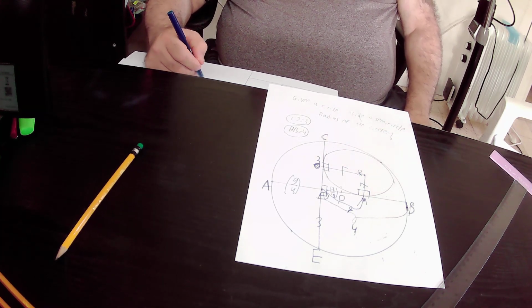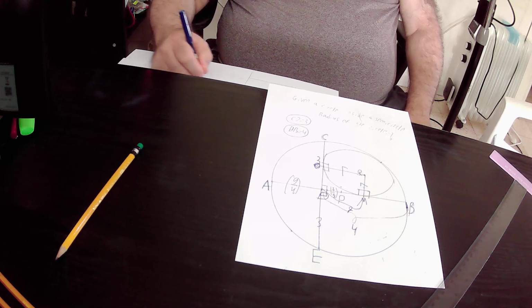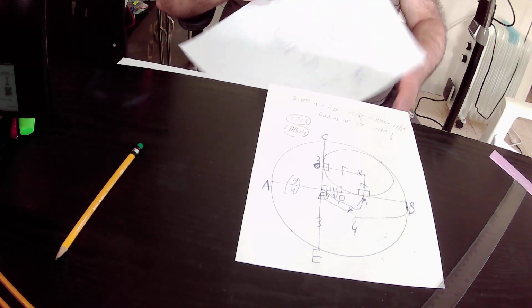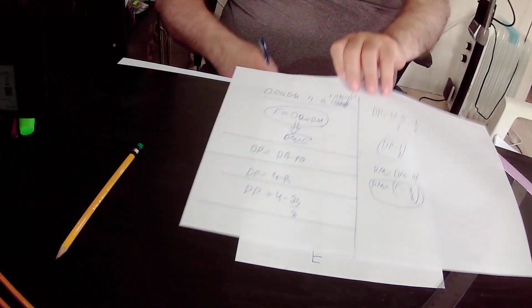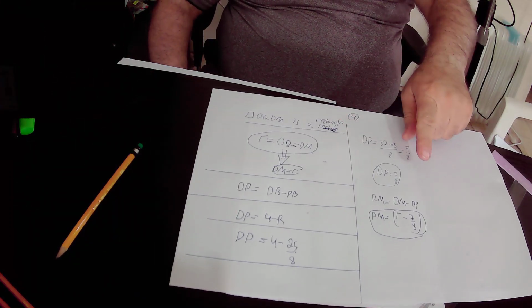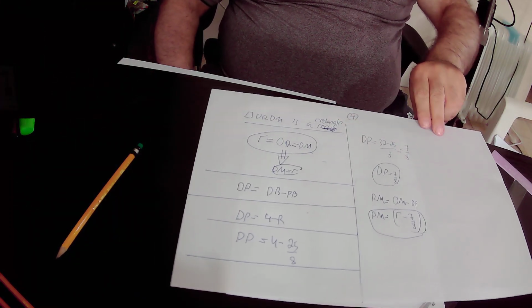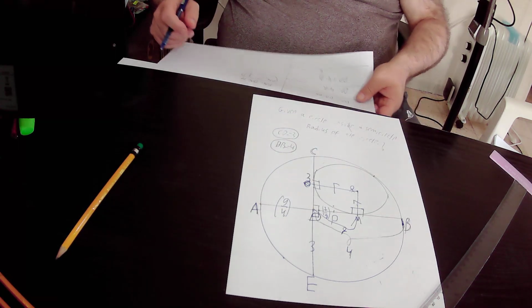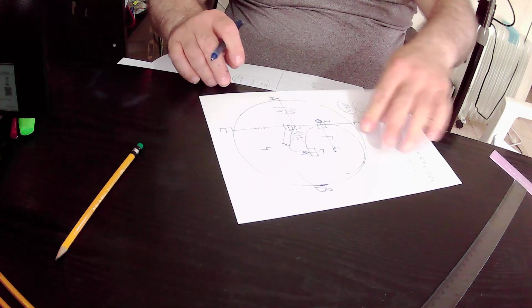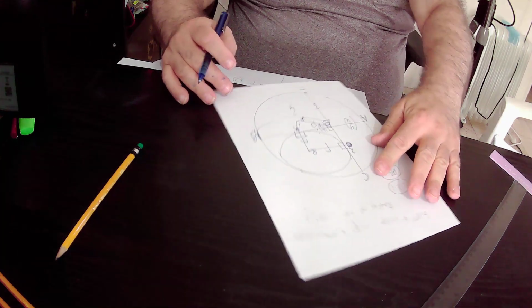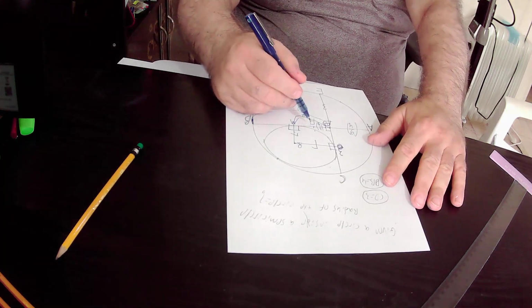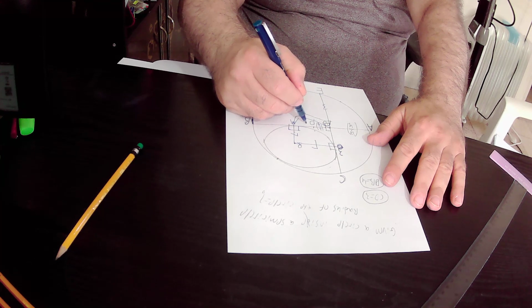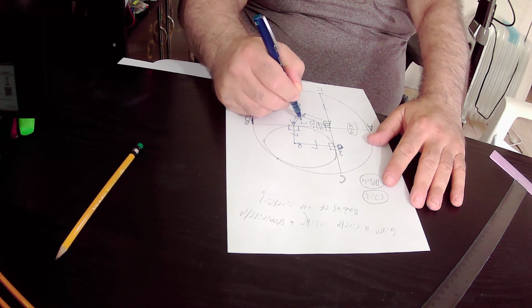So in conclusion, we found out that PM equals r minus 7/8. Okay? So we can write here that line segment PM equals r minus 7/8.